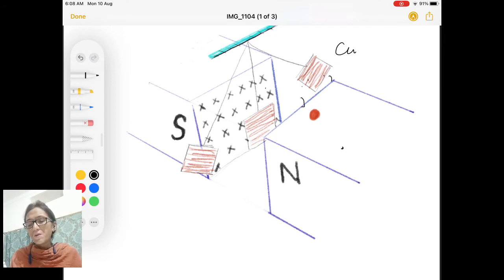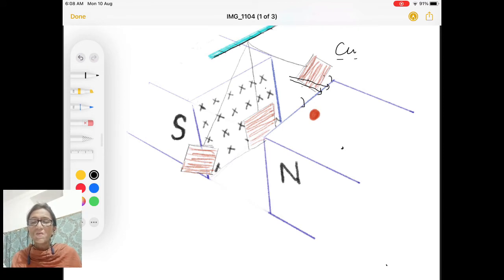When it is made to move in this magnetic field, the number of field lines at the time of entering the field increases. The number of field lines changes, so flux changes through this copper rectangular sheet. So a current will be induced, the eddy current.